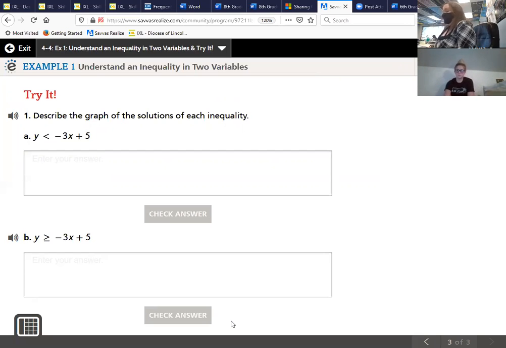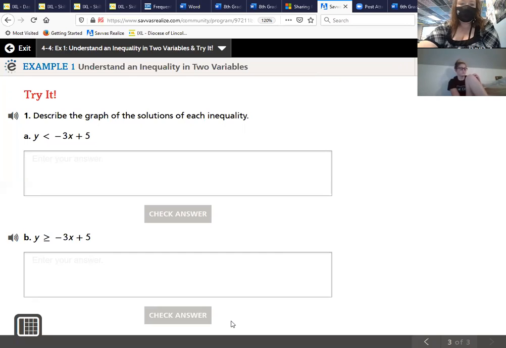Dotted line. Okay, not a solid line, dotted line. And we're saying y is less than negative 3x plus 5, so will we shade above or below the line? Below. Yeah, when the inequality has a less than symbol, you shade below.